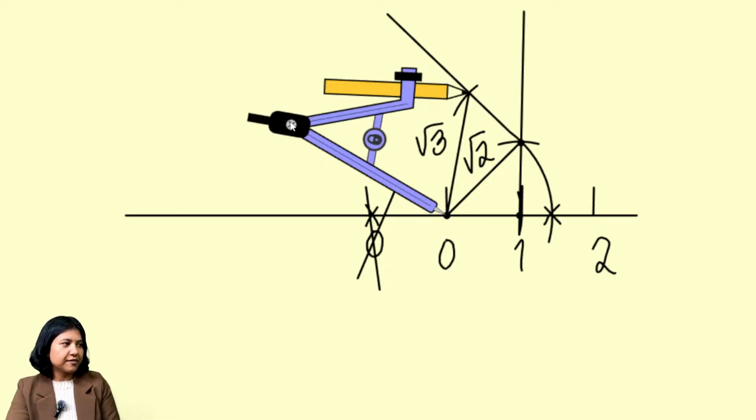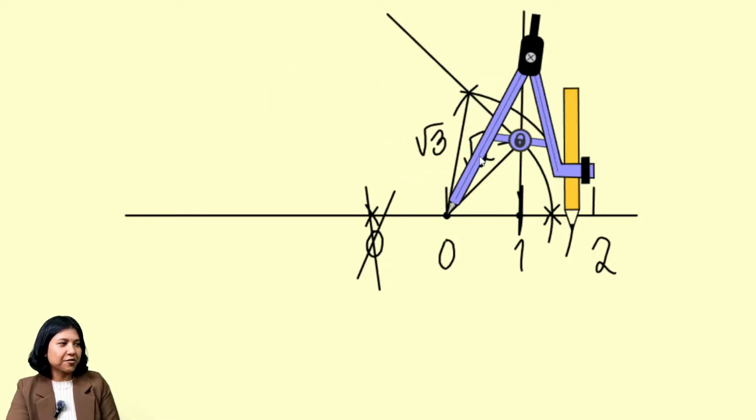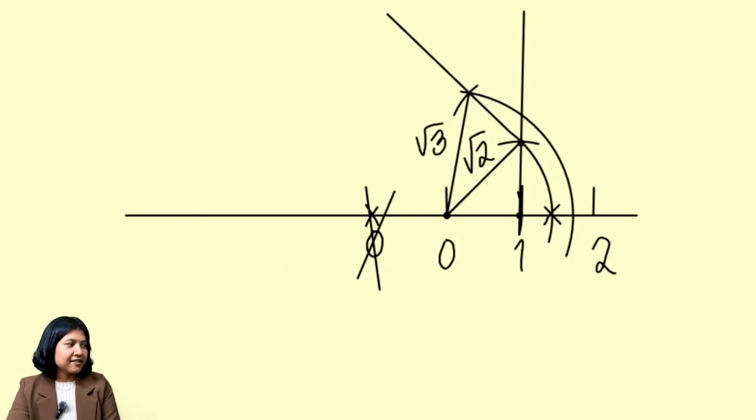Lock your compass and you clearly see square root 3 is a little further from square root 2. Use your calculator to verify how much that will be. It's 1.732 and it goes on, okay. So I clearly see that this value is more than the previous one. The previous one was root 2 and now this is root 3.